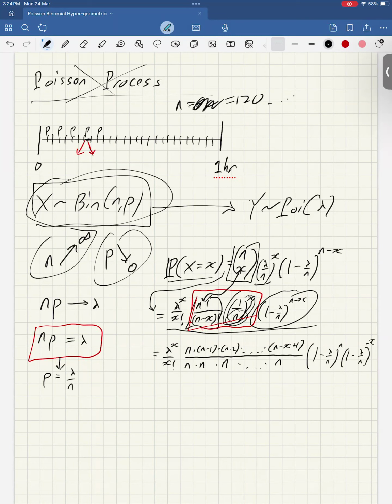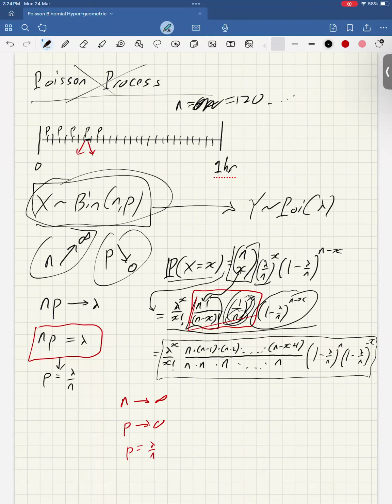Okay, so this was just a massaging of the binomial probability mass function. This is probably not the normal way that you would write it. But now we take n going to infinity and p going to 0 in such a way that p is a function of n, with p equals lambda divided by n.